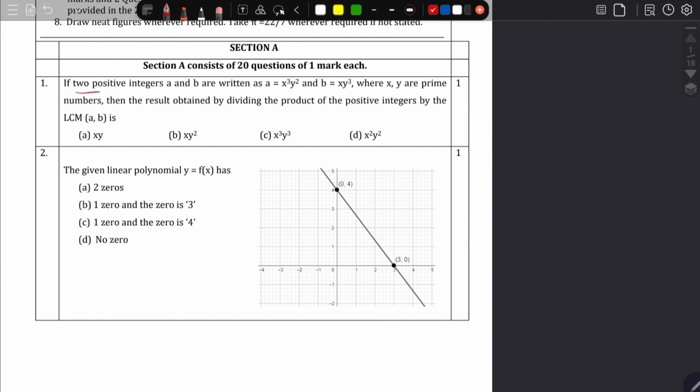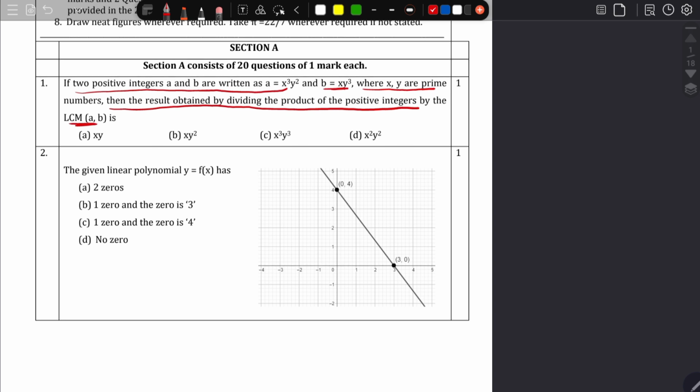Given two positive integers a and b, where a is equal to x cube y square and b is equal to x y cube, where x and y are prime numbers, find the result obtained by dividing the product of the positive integers by the LCM.